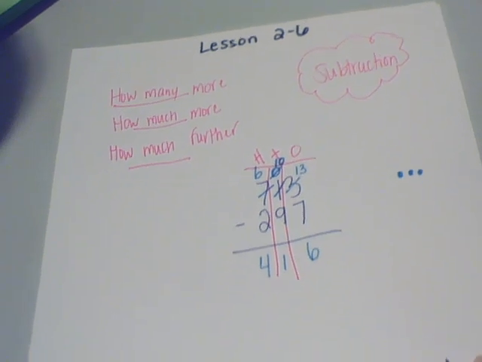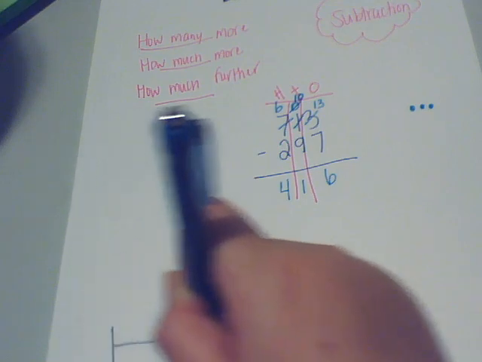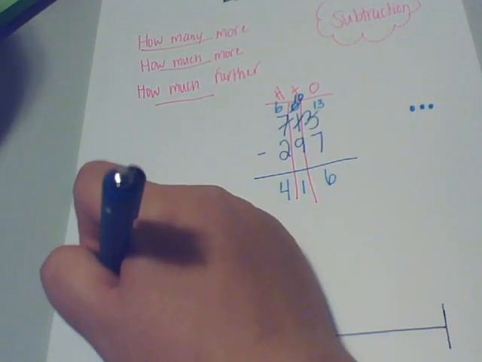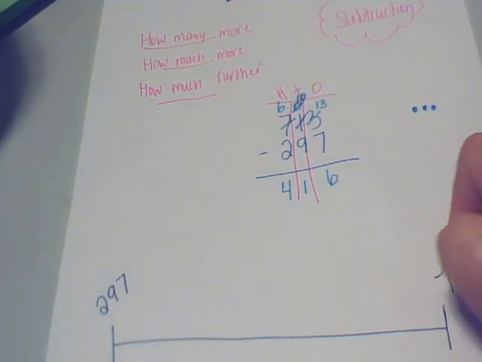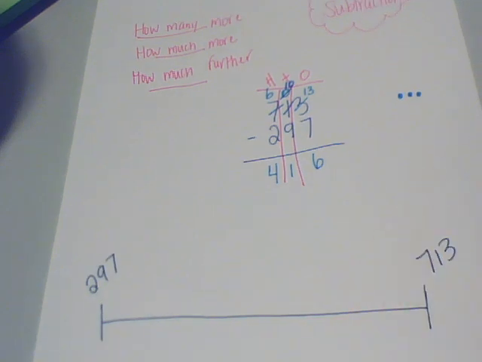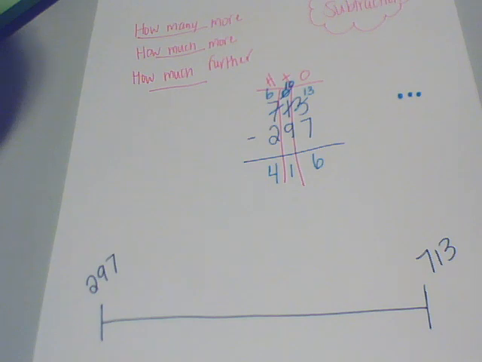Now I want to show you another way you can do this using a number line. Okay, and this might work well for some of you. I'm at 297 and I want to get to 713. This is a different way that you can subtract, okay?